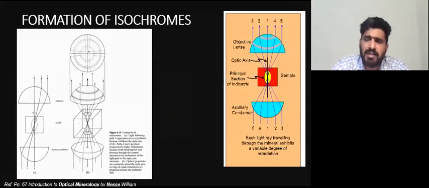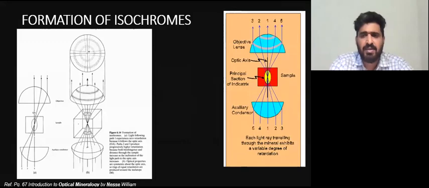Let us see how the isogyre is actually formed, or how the interference figure is formed. When the light hits the condenser system, it converges the light that passes through the mineral.